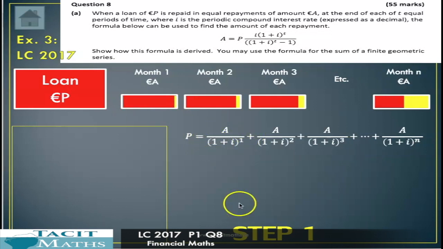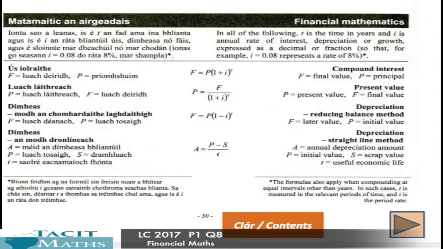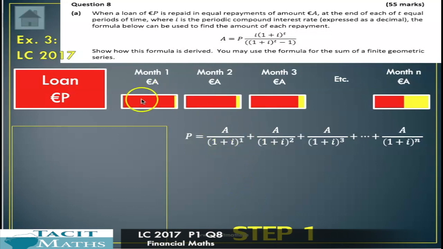If you're a bit confused by it, look at your log tables. We're looking for the present value, so it's this formula that we're looking for. This red section is worth that amount, this red section is worth this amount, and this red section here is worth this. If we add up all of these red sections, we end up with the loan amount. So that's where that geometric series comes from.